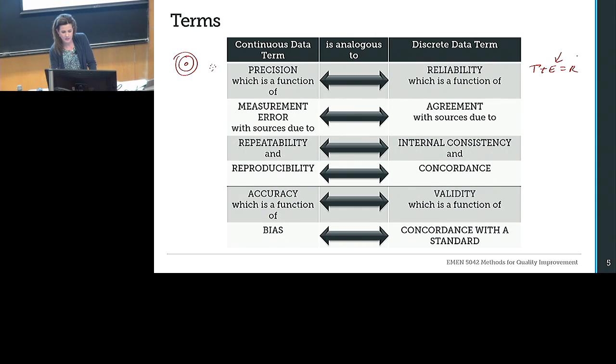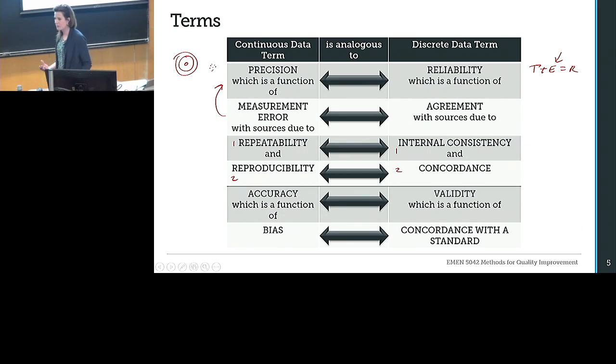There's going to be some dispersion. Just like measurement error is related to precision, we have a couple of things in here that have to do with measurement error. Here is agreement. That's what we're looking at. When we're talking about agreement, there are two parts. 1, 2. Okay, repeatability.